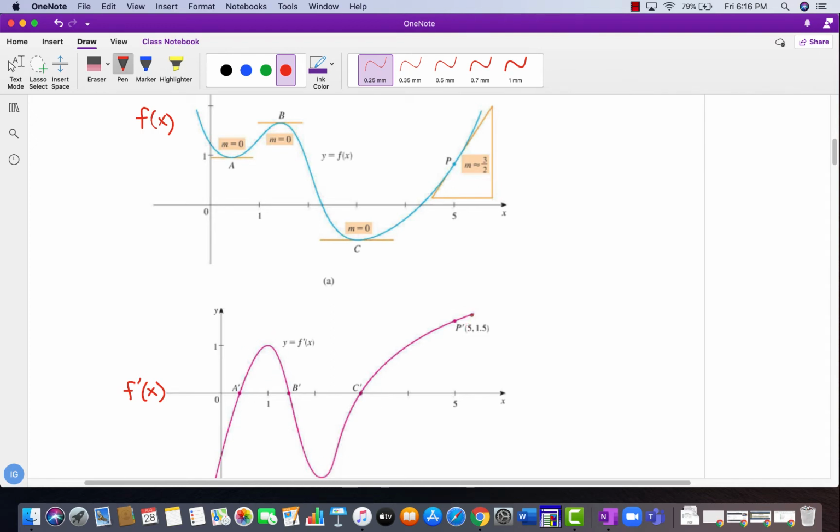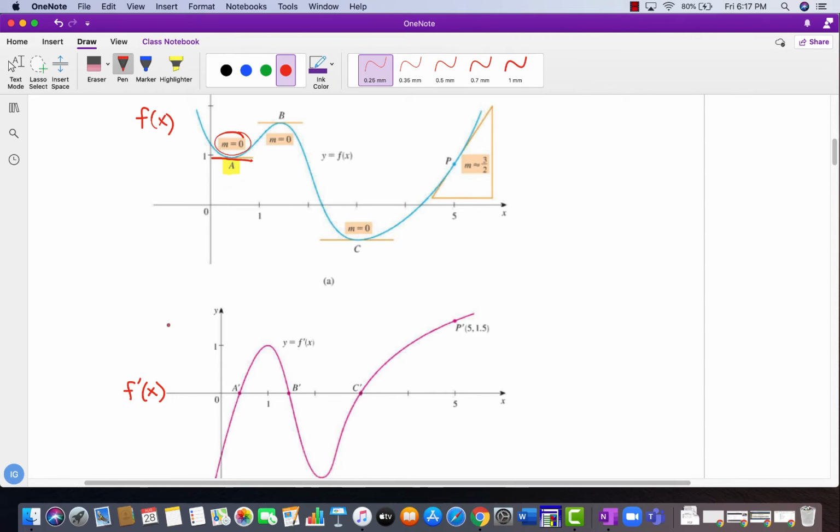Now let's look at this. What we need to know here is that the slope at a given point on your original function is going to be equal to the y value on f prime of x. So for example, let's look at point A. So right here. The slope right here is flat, is a zero slope.